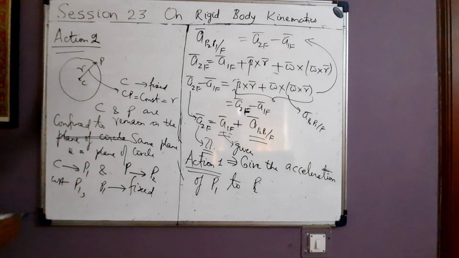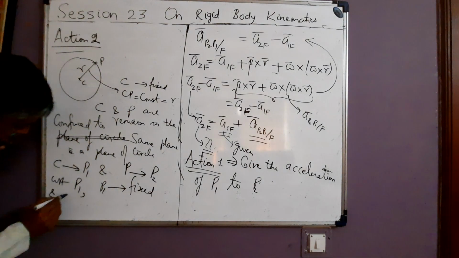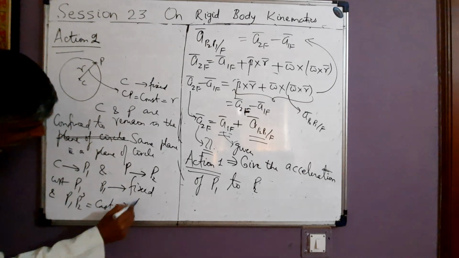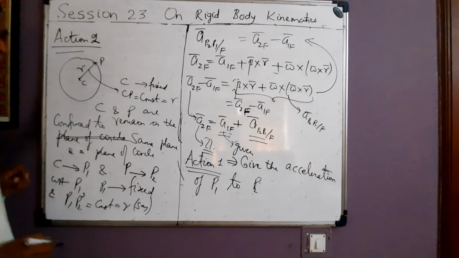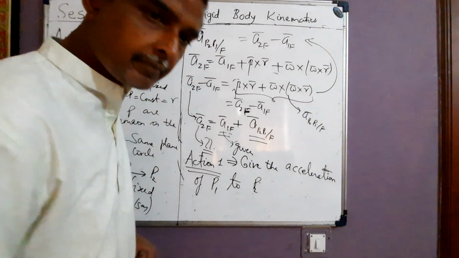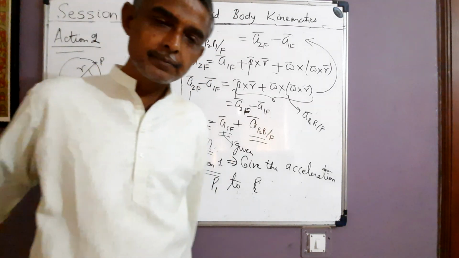Fixed. Since P1 and P2 are two locations of a rigid body M, the distance between P1 and P2 is constant, equal to R say. And by assumption, P1 and P2 are confined to remain in the same base plane. This means, as seen from P1, P2 should move in a circle.